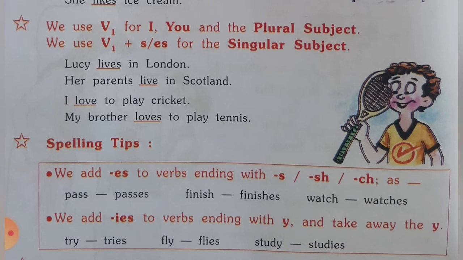We add ies to verbs ending with y: we take away the y, like try. We use here tries. Fly: we remove y and add ies in place of y, like fly, flies.